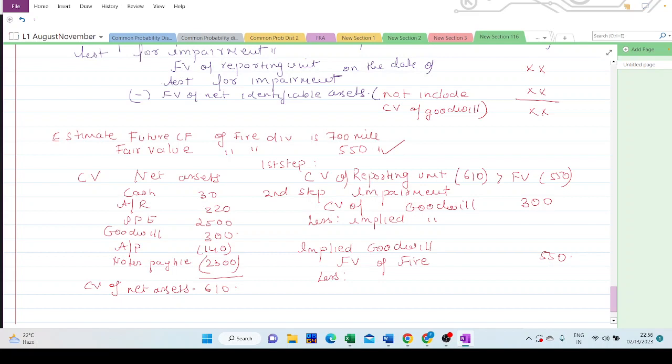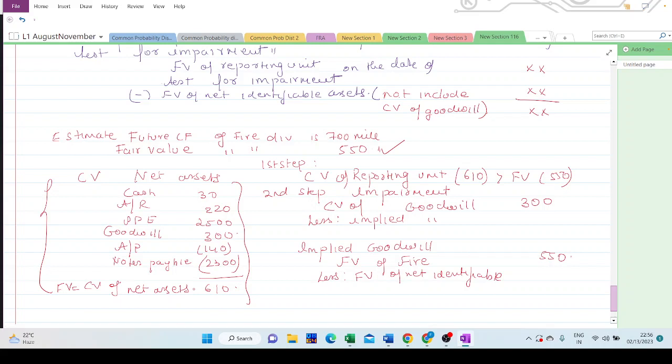No, I've given you all the details. And what is the fair value of net identifiable assets of fire division? Guys, look at this detail here. Tell me the fair value of net. Say carrying value equals fair value here. Right, carrying value equals your fair value here for the sake of simplicity.